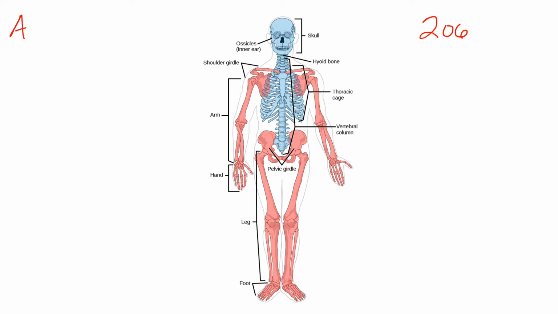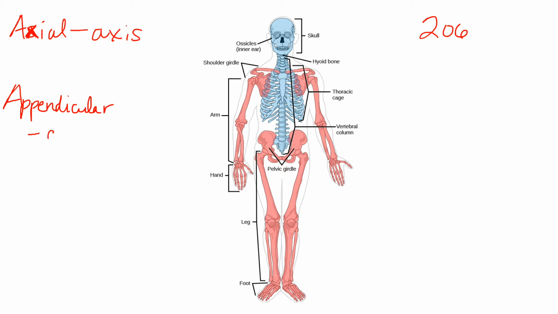I want you to first start by thinking about the skeleton as being part of either the axial or appendicular skeleton. Axial, think of axis, sort of in the middle.